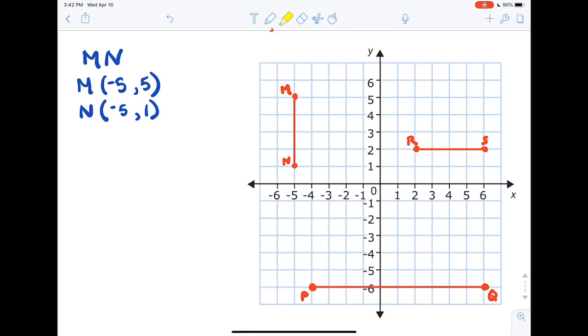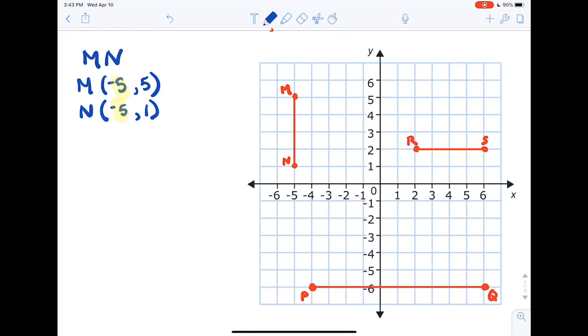So when I look at those, I see that the x coordinate is the same on each one, so I know this is a straight line on that -5 line. So I have the 5 and the 1. Now because they are the same sign, I know that they are both in one quadrant.